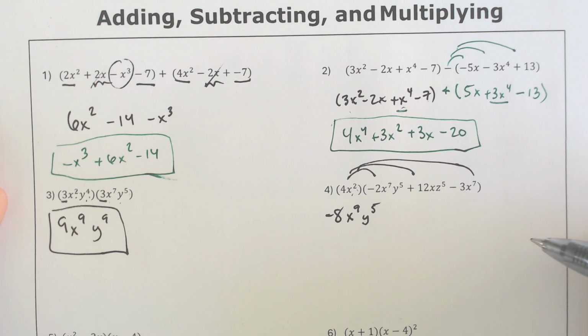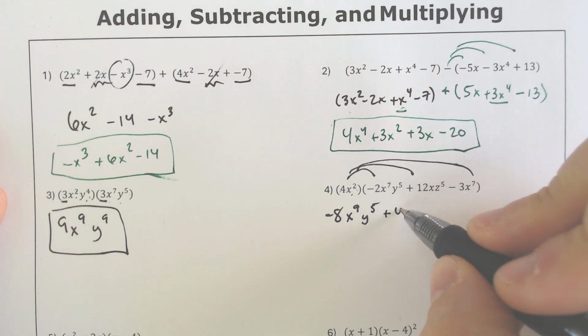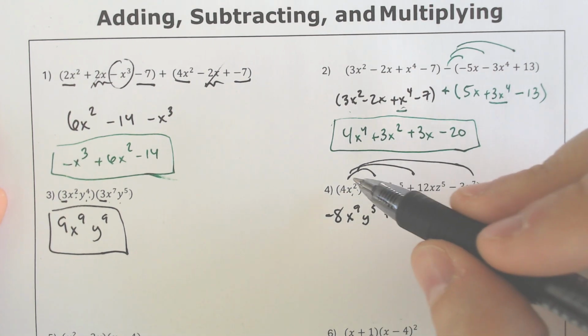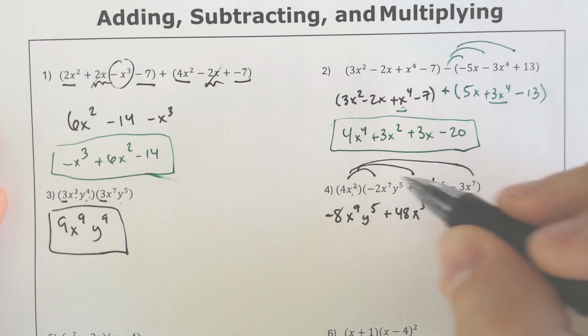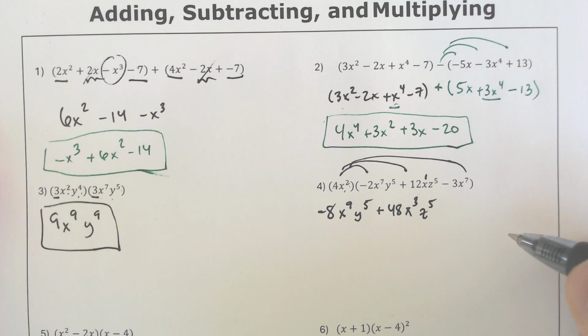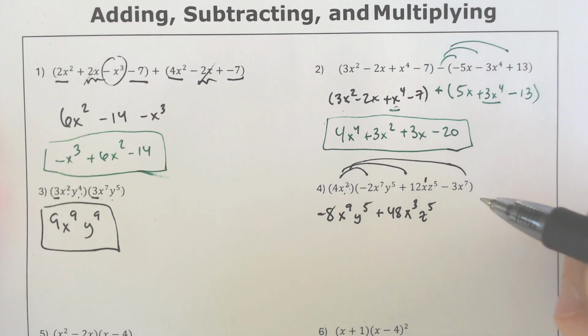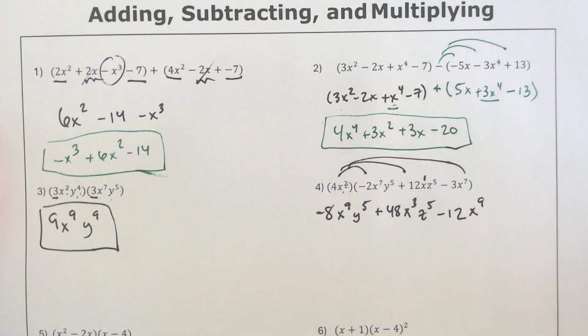Okay, so it's technically like 0 and 5 make 5 when you add them. 4 and 12 when multiplied together is 48. And then 2 and 1 make x to the third. And again, no z's, but that doesn't matter. We keep writing it, and we write z to the 5th. And last but not least, we got 4 and negative 3. We make negative 12. 2 and 7 makes x to the 9th.